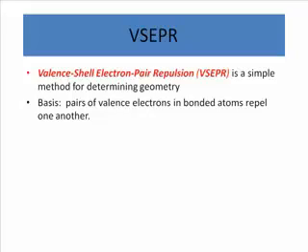Like charges repel, so it makes sense that this would be the way the electrons arrange themselves. They're going to spread out, and that's going to dictate what shape we see in the molecule.